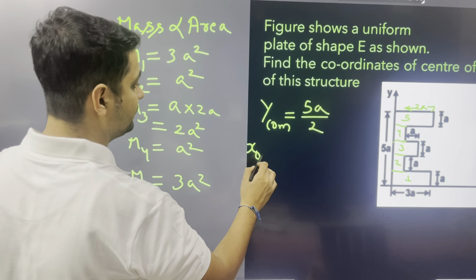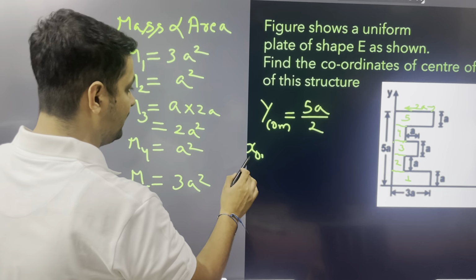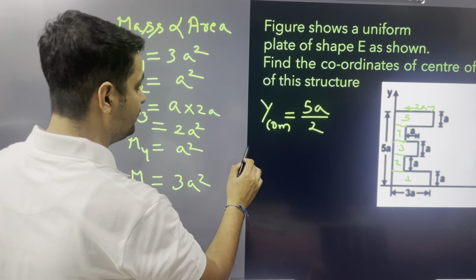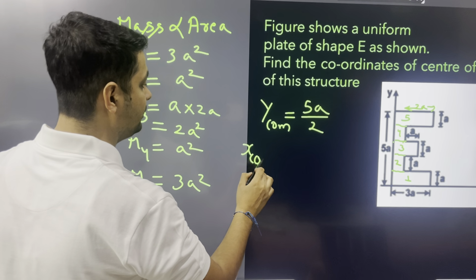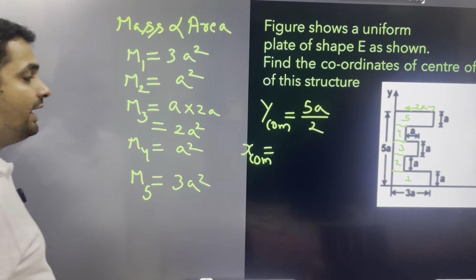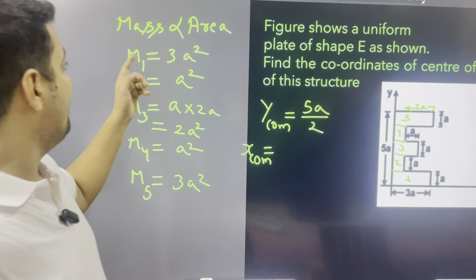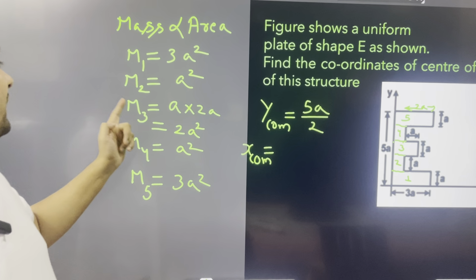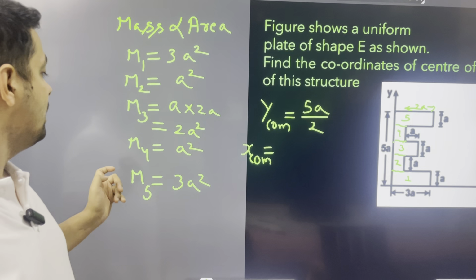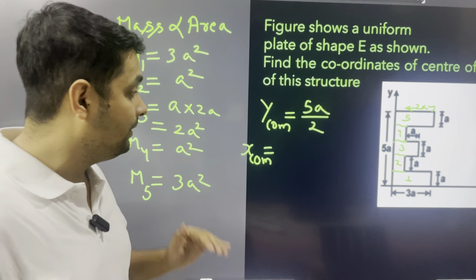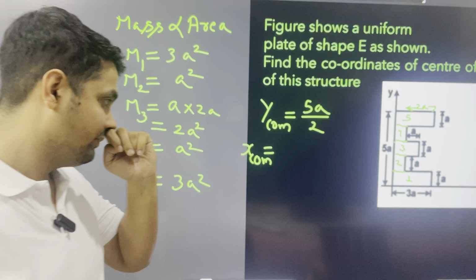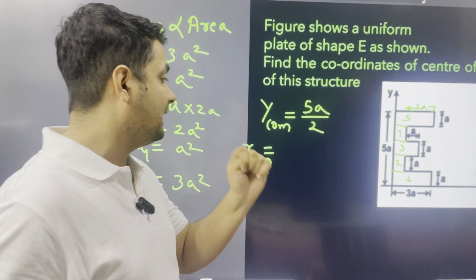So what is the X center of mass here? X center of mass will be m1 x1 plus m2 x2 plus m3 x3 plus m4 x4 plus m5 x5 divided by the sum of all masses. So what are x1, x2, x3, x4?